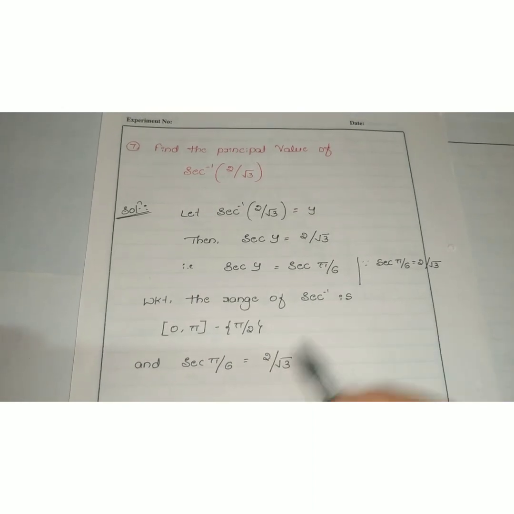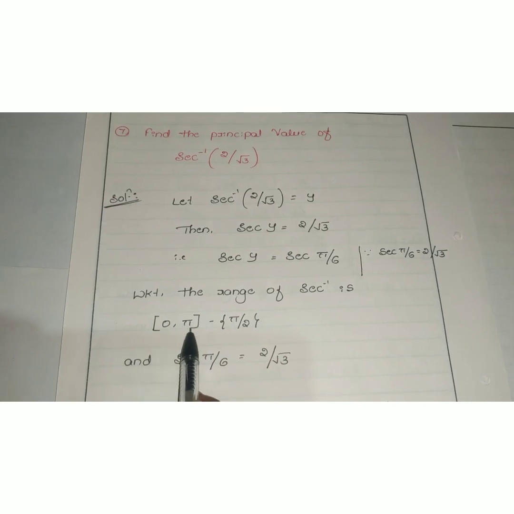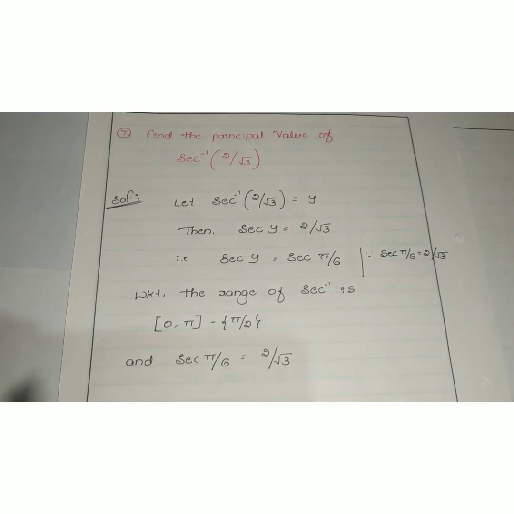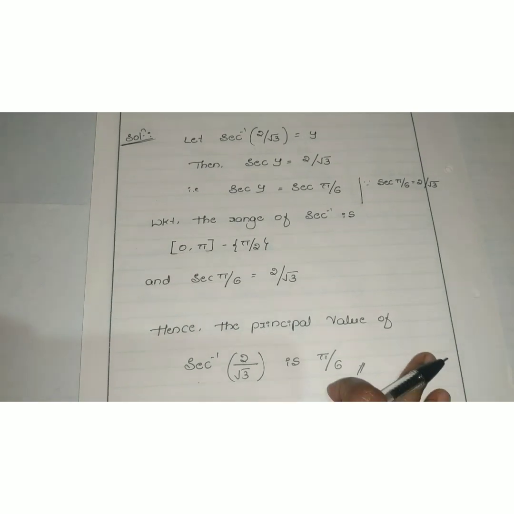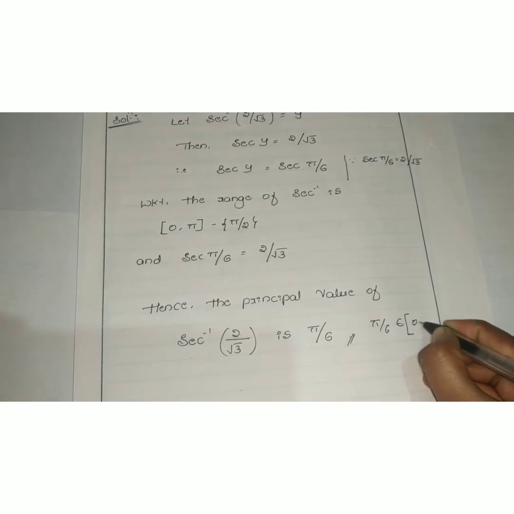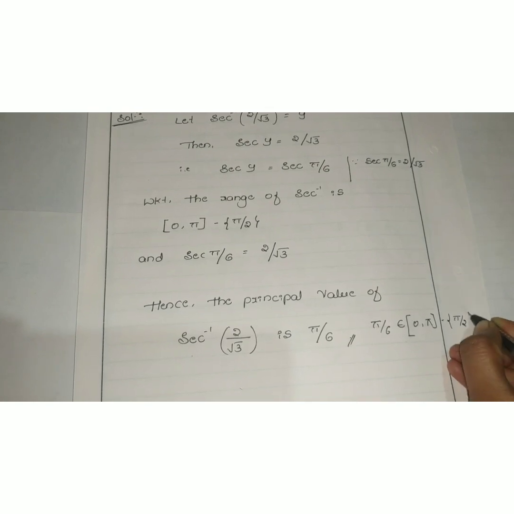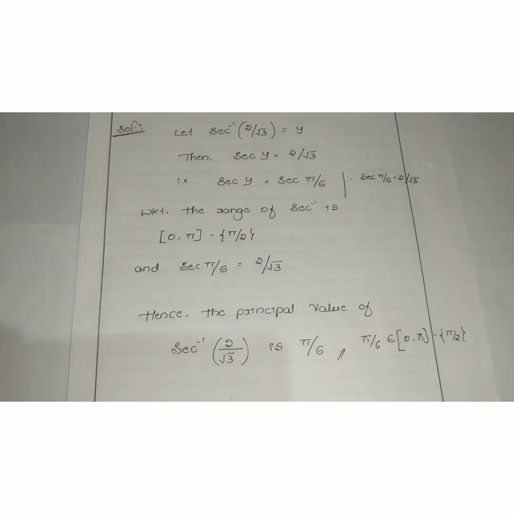Pi by 6 means 30 degree. 30 degree lies in the closed interval 0 to pi except pi by 2. So hence the principal value of sec inverse of 2 by root 3 is pi by 6. So here pi by 6 belongs to the closed interval 0 to pi except pi by 2.